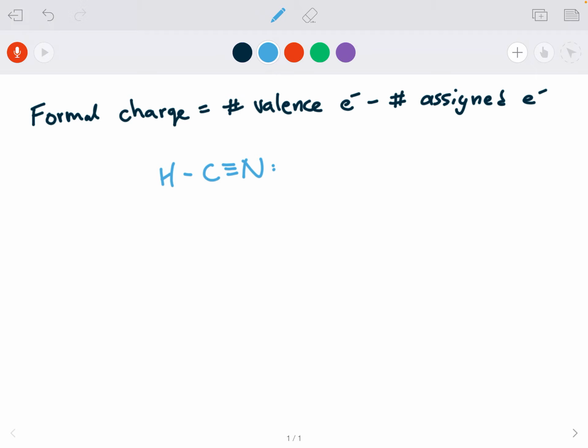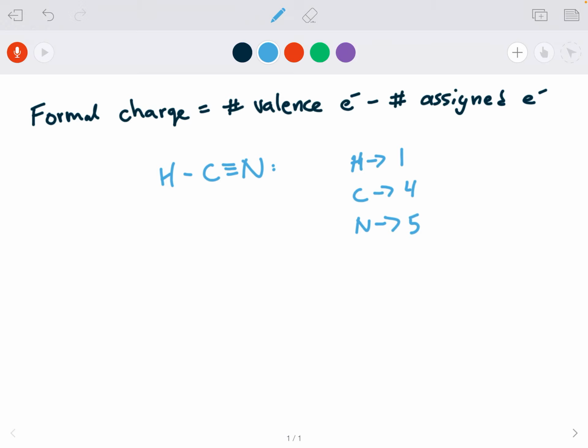Okay. So first off, we've got three different atoms in here. We've got our hydrogen, carbon, and nitrogen. I'm going to start off by listing the number of valence electrons each of them has. So hydrogen has 1 valence electron, carbon has 4, and nitrogen has 5.